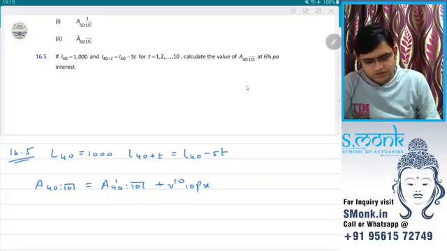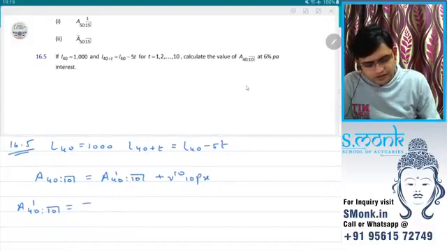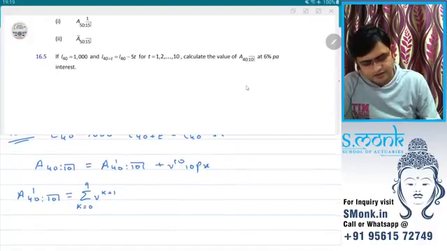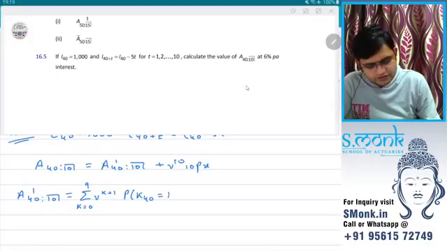Okay. So of course we are calculating using these, so we will be making the A 40 dash 10 formula. Okay, so this would be summation V raised to k plus 1, k going from 0 to 9, and then we will have kpx qx plus k. Here x is 40, so k is equal to k.